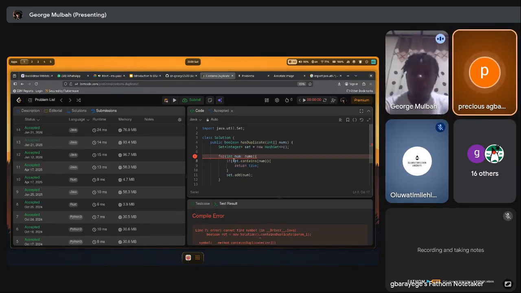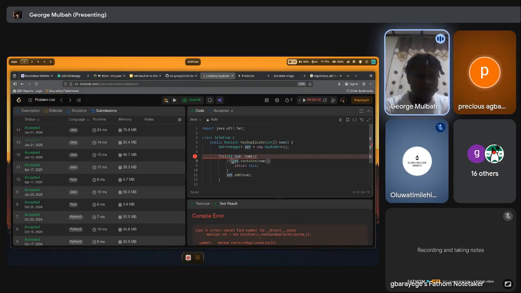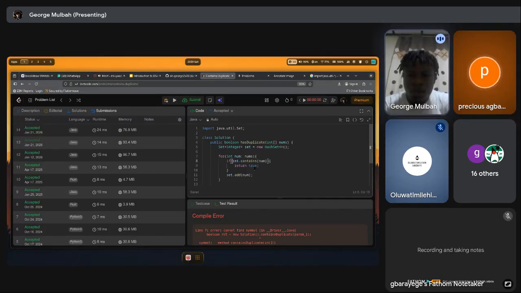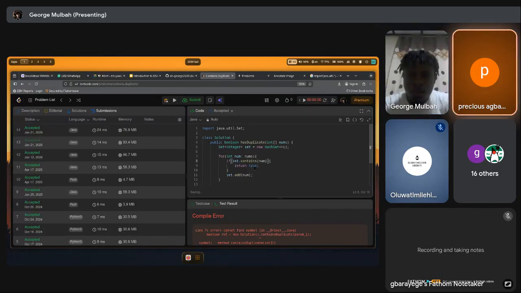So you should add that negation, and then beside that, your set dot add num. Okay, it should work now. If it doesn't contain, your set dot add as an else statement should work either way.